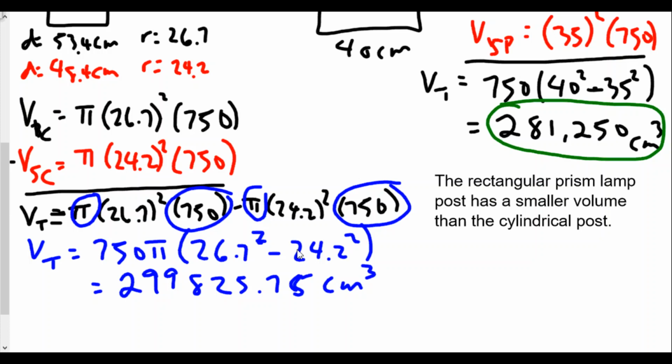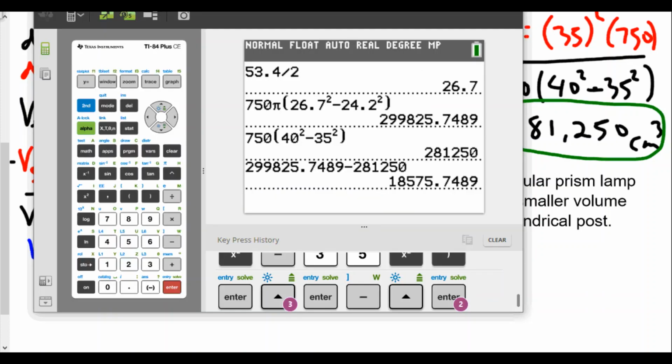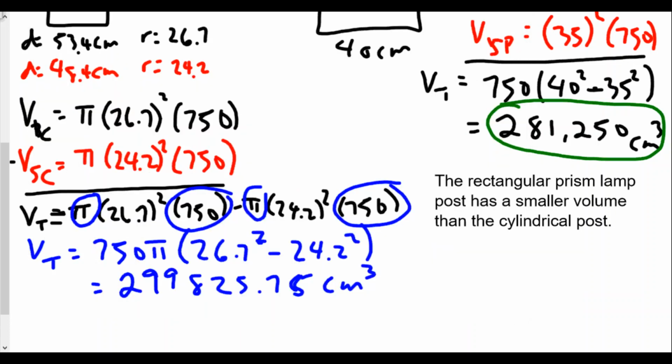So we figure this out, and not only that, the difference in this case is 18,575.75 cubic centimeters. That's our difference.